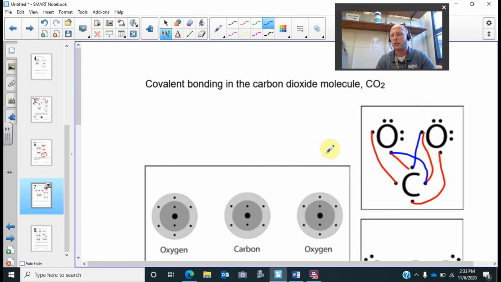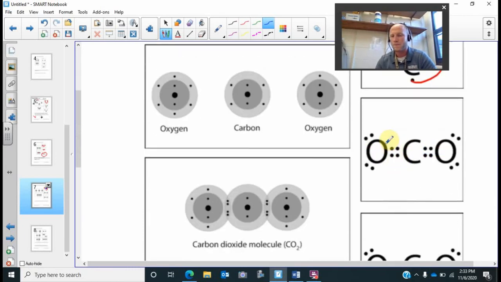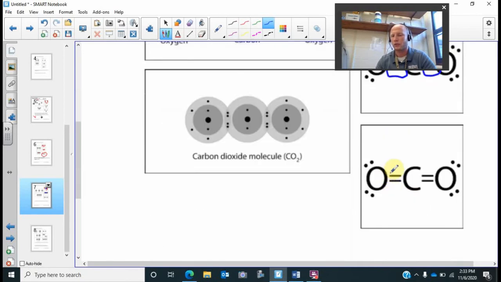You could mix and match them and do them every way, but I just do it this way to show that we're covering all of our lone electrons and making sure that they're pairing up, because now we're forming 2 chemical bonds here, or sorry, 2 double bonds. So here's a double bond. Here's a double bond. And now that's represented right here below, right? So we have 2 electrons, so there's 4 total electrons being shared here.